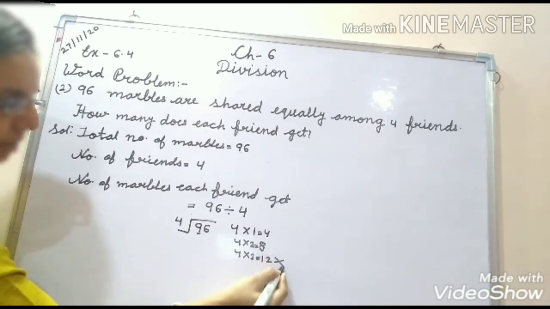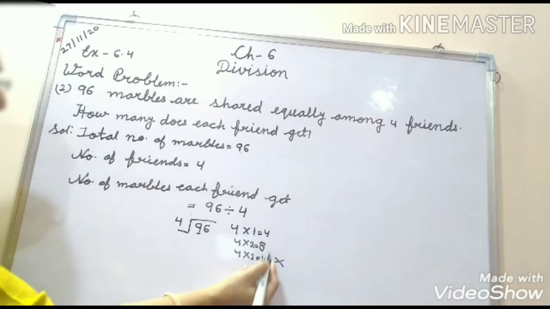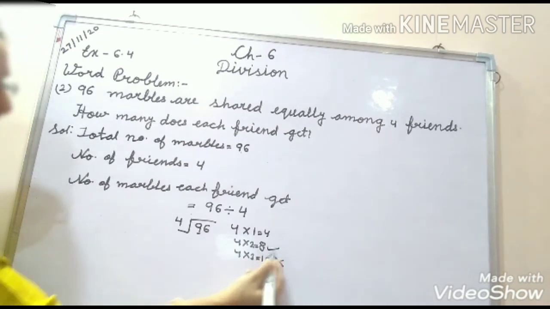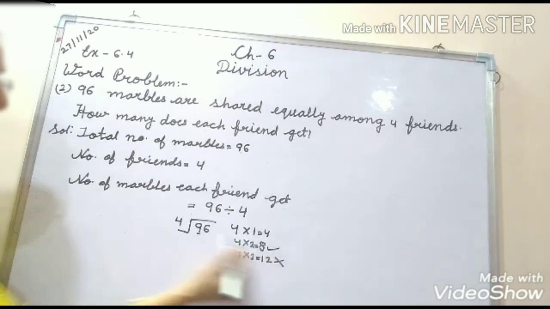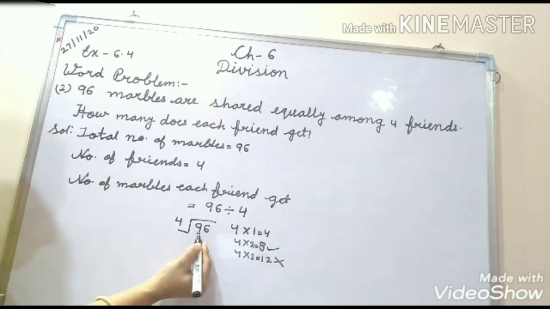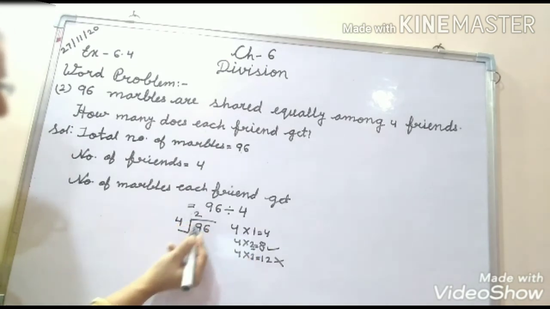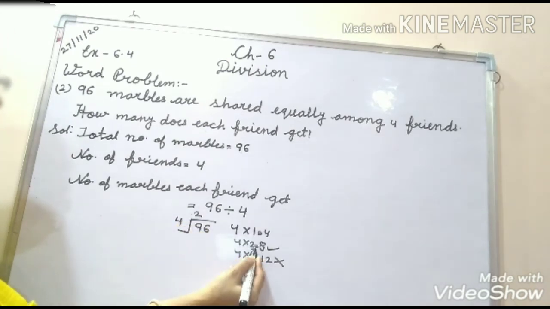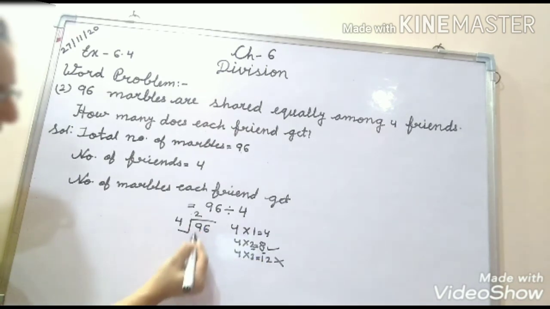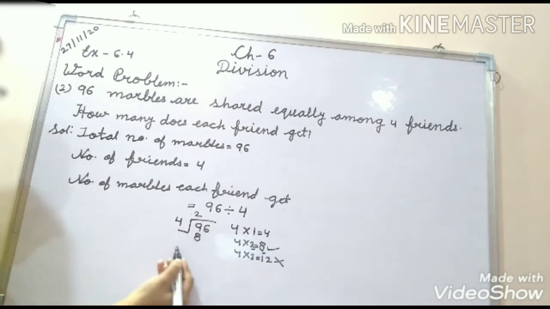We will cross it here, and after that we will choose the number just above it. That means 8. 8 will be the perfect number, the nearest and less than 9. In how many times is 8 coming here? 4 twos are 8. In 2 times, so you will write 2 at the top. And you will write 8 just below 9.